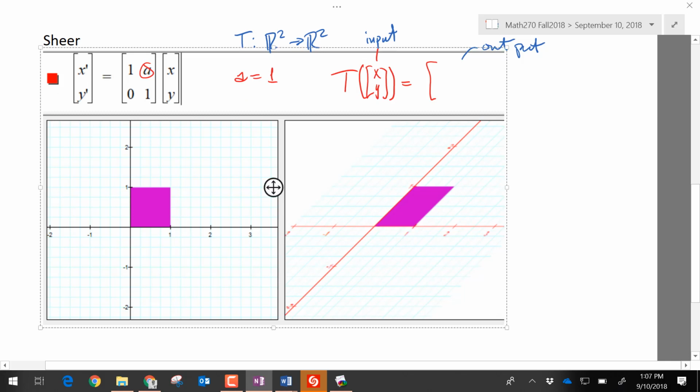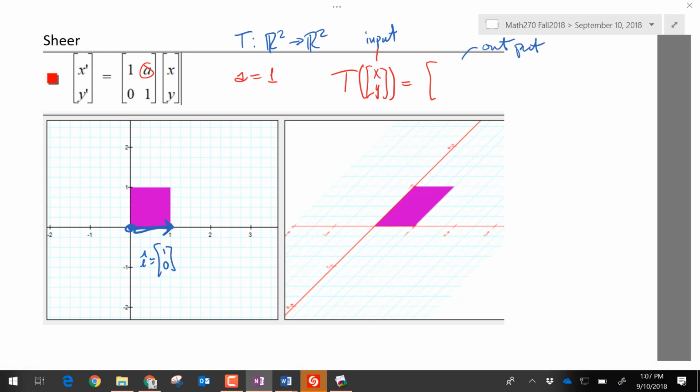Let's take a look at this vector. What's this vector? 1, 0. Which also happens to be your standard vector i in the i direction. So let's take a look at that vector and see what happens to it.